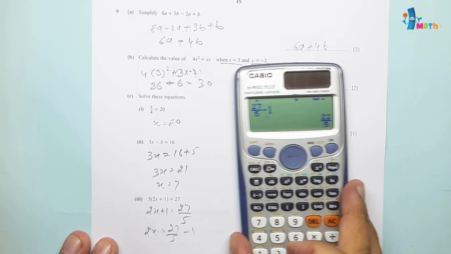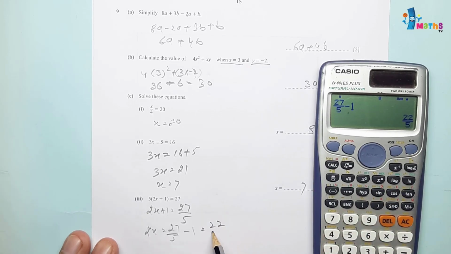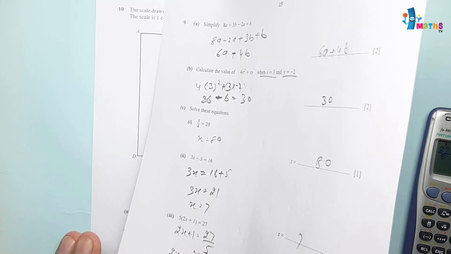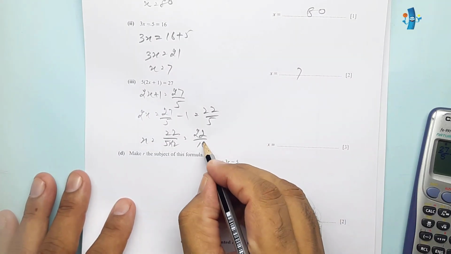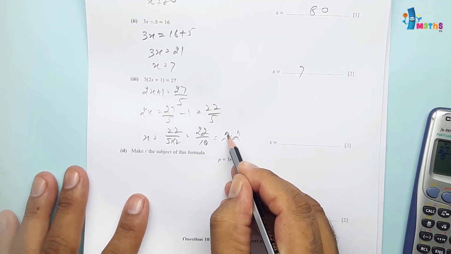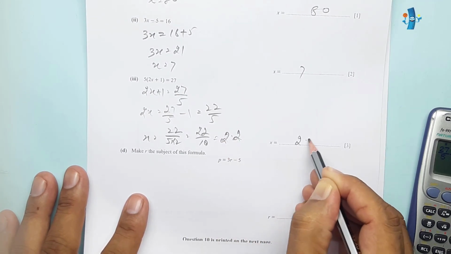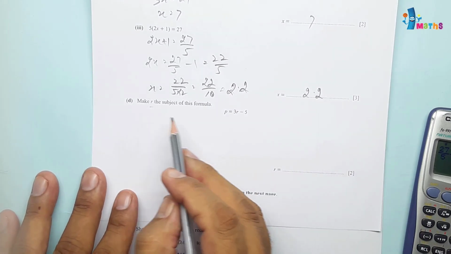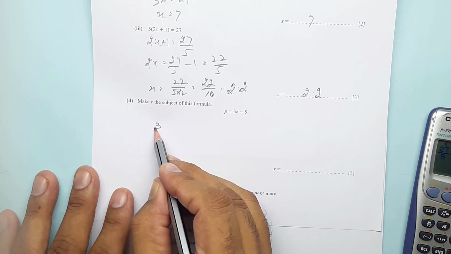This will be equal to 22 by 5, so x is equal to 22 over 5 into 10. 5 into 2, this is equal to 22 over 10. I'll have to move the page above. Okay, here 22 by 10, so this will be equal to 2.2. We can write here 2.2 is the answer.